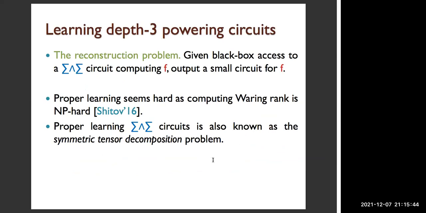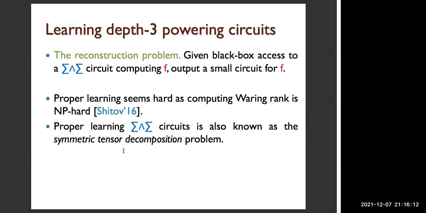But recall that there's already a hardness result known now, to learn the Waring rank of an f. This was shown by Shitov in 16. Proper learning of depth-3 powering circuits, which is also known as the symmetric tensor rank decomposition in the machine learning literature, is hard.